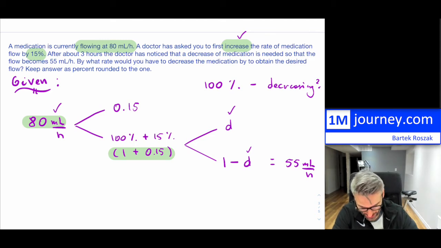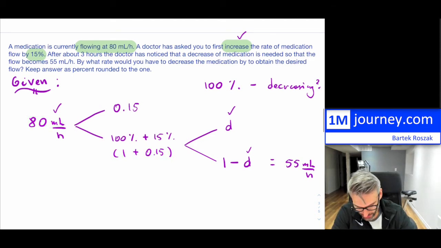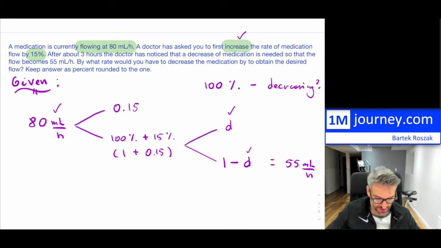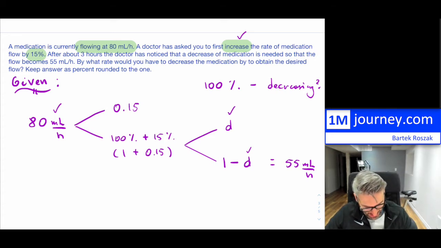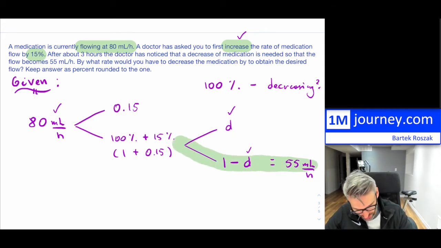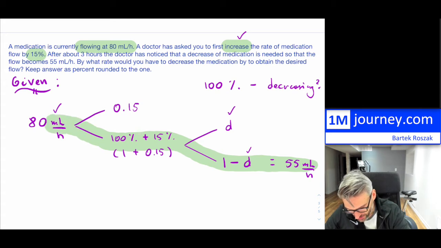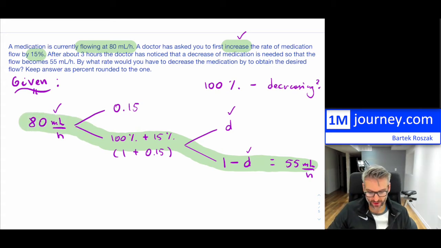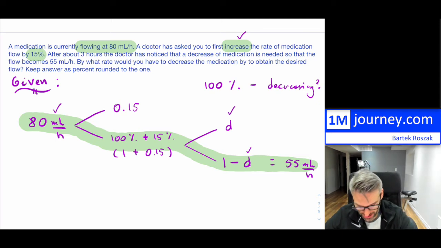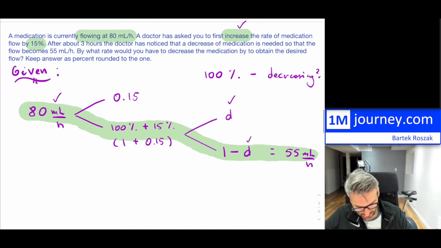To find my answer, I'm trying to find that D, and they give me how much it would be under the decrease. You just follow your path to the beginning, and I'm going to have to multiply all of these together. As I multiply all of these together, this will set up my equation.